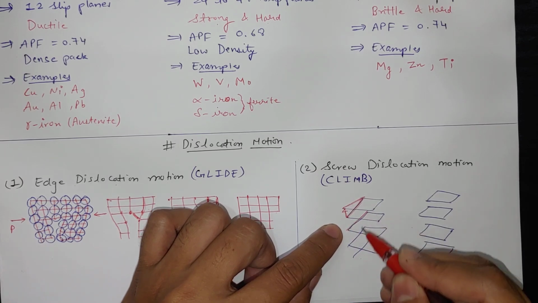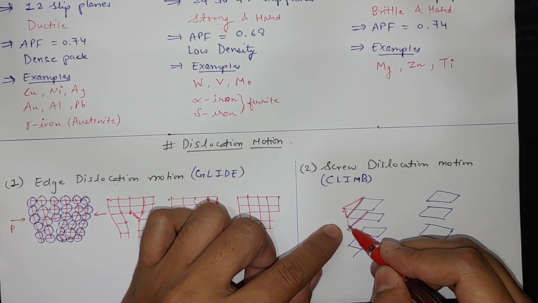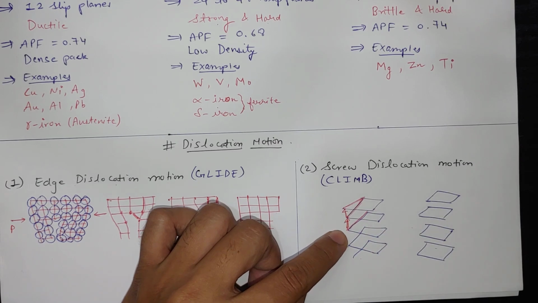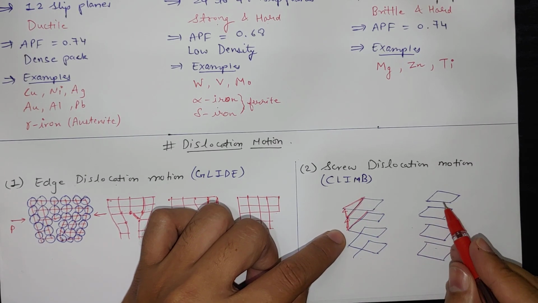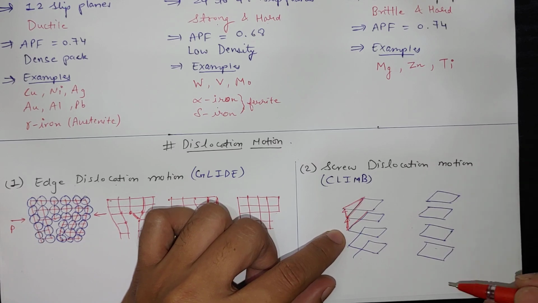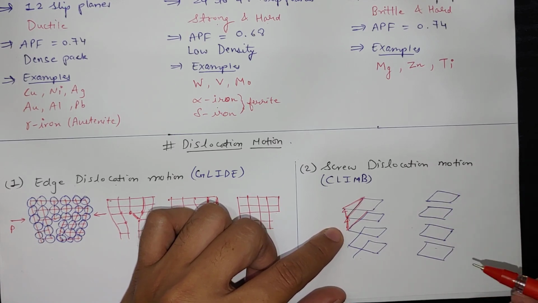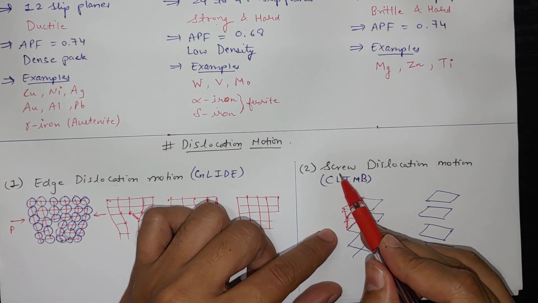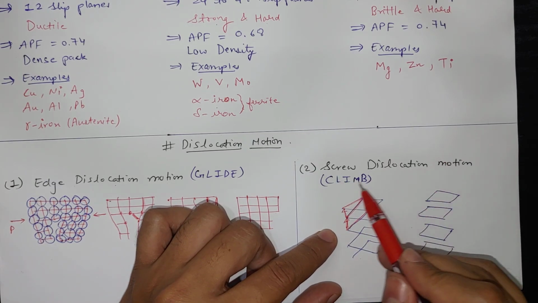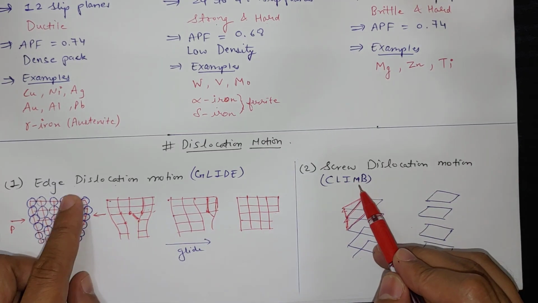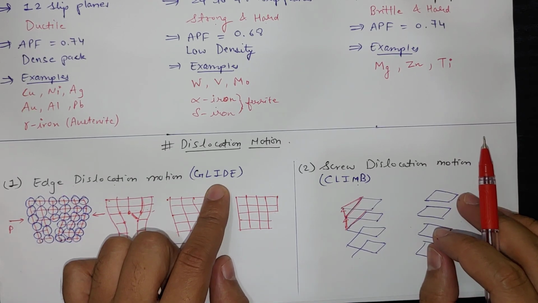Similarly this line will pair with the upper corner, and this is how all the planes of atoms will climb and form perfect rectangles. So the dislocation motion in screw dislocation is of climb nature and in edge dislocation it is glide nature.